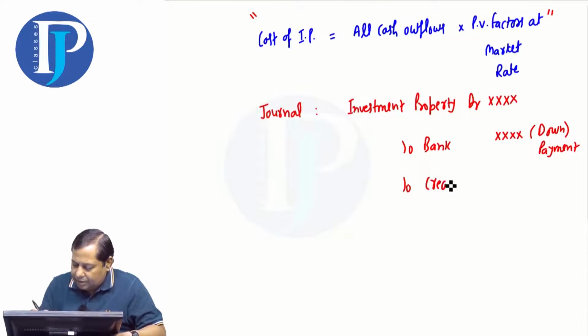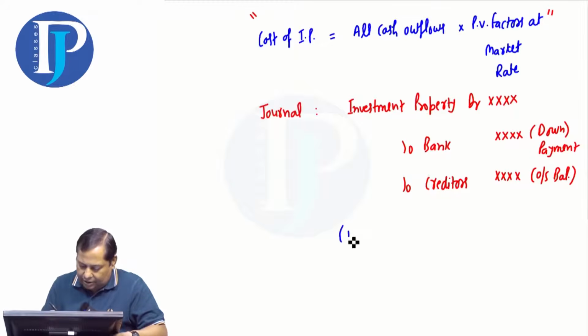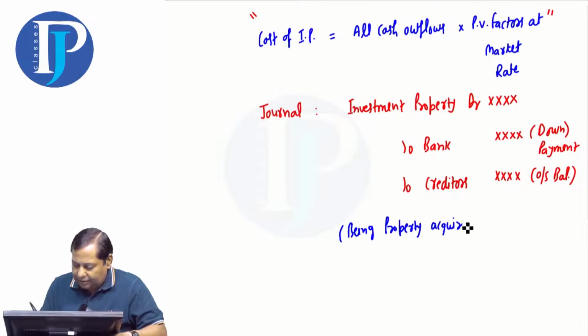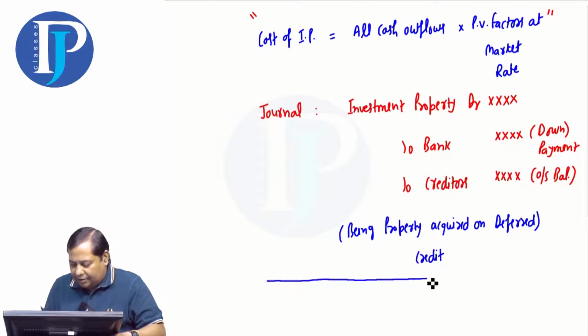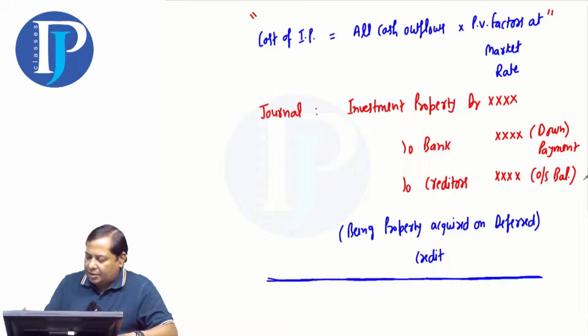To creditors: the money that you have not paid will be booked under the name of creditors. This is your outstanding balance. We write: being property acquired on deferred credit. First, you need to discount the cash flows and then pass this entry.